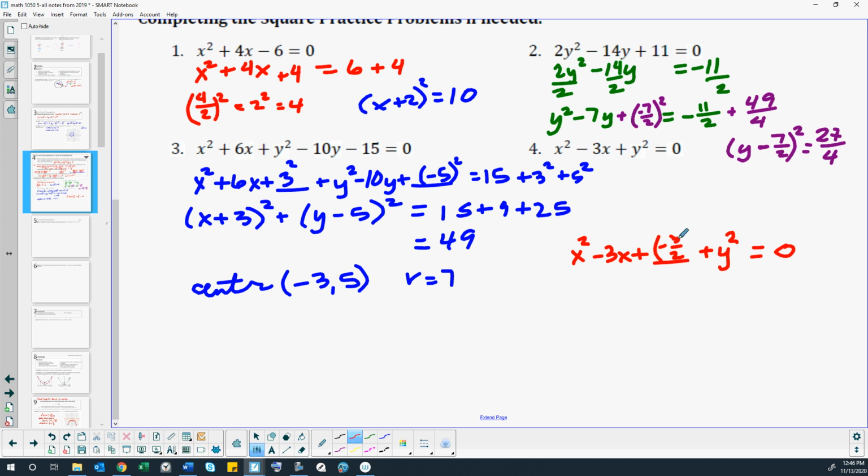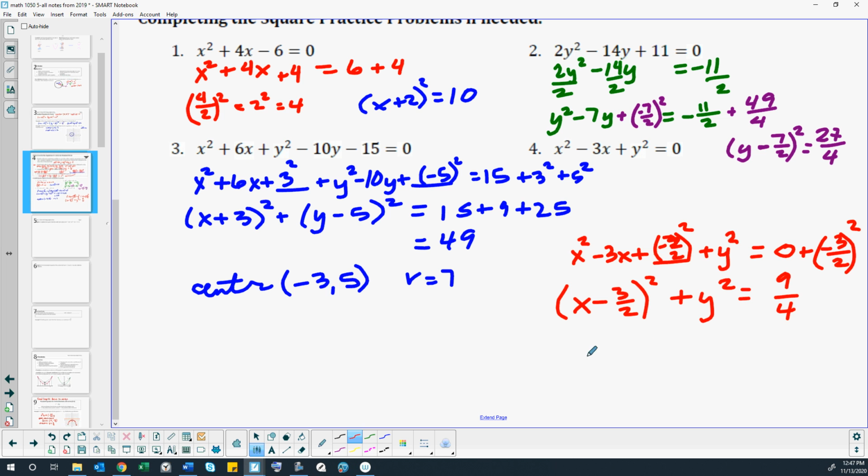I'm going to square that and add it to both sides. And then factor. So we get x minus 3/2 squared plus y squared equals 9/4.